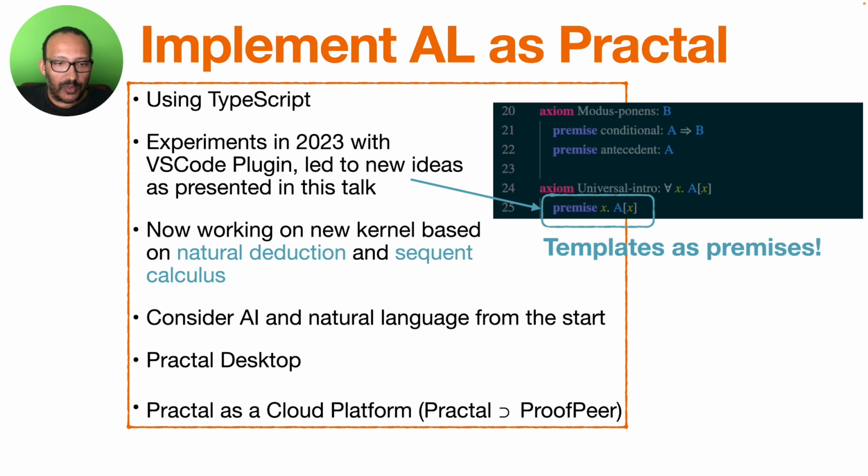I'd like there to be two versions of Practal Desktop that you can just run on your own computer. But I also want to develop Practal as a cloud platform, and in that sense Practal is an evolution of a previous project I worked on, Proofbeer. Yeah, that's it. Thank you.